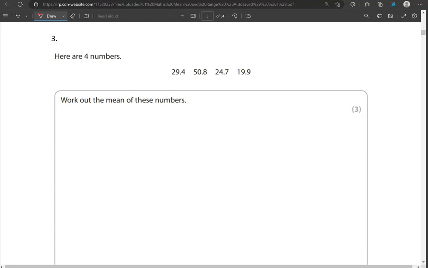I could add all four of them in one go, or I could break this down into 2 and 2. So I can add first 29.4 and 50.8, and then 24.7 and 19.9.